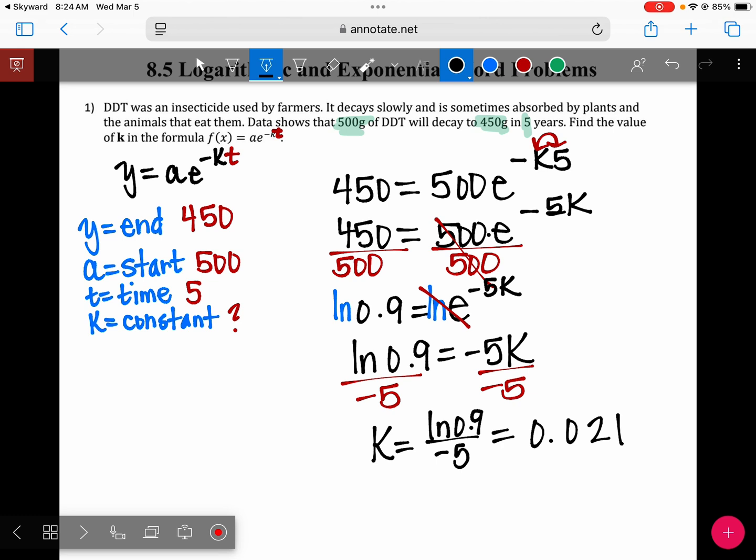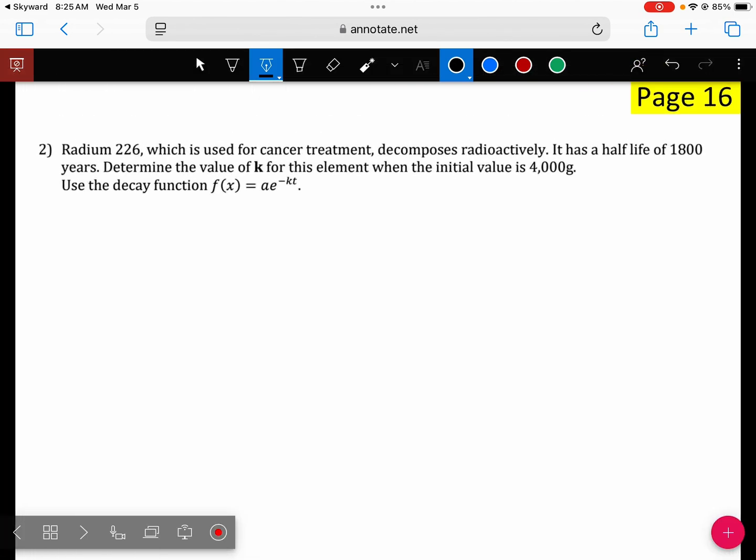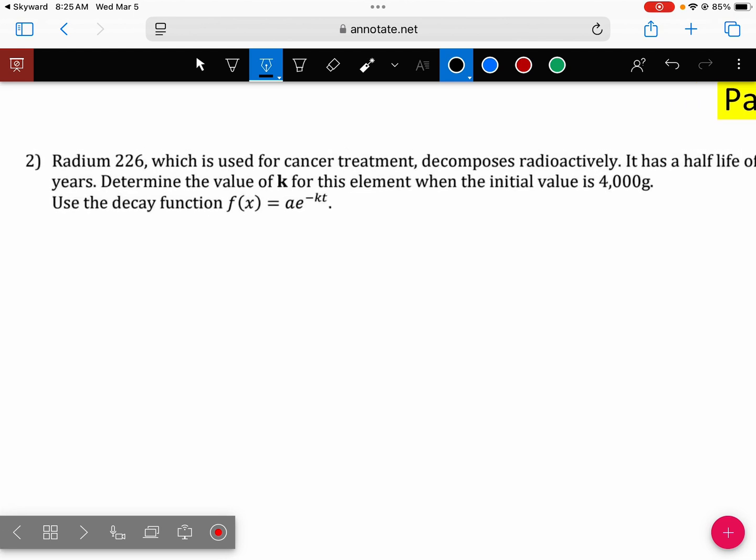All right, we're going to do just 2 more. We're going to end with number 3 today. So just 3 questions. So 2 more and then we're done. So the second one has the same formula as the first. So let's look at that one. Now we're talking about radium, which is used for cancer treatment. It decomposes radioactively.